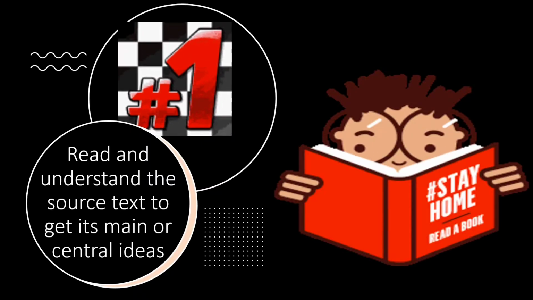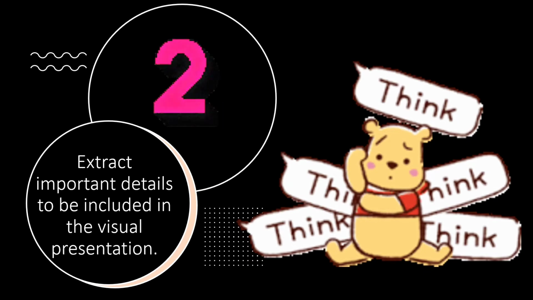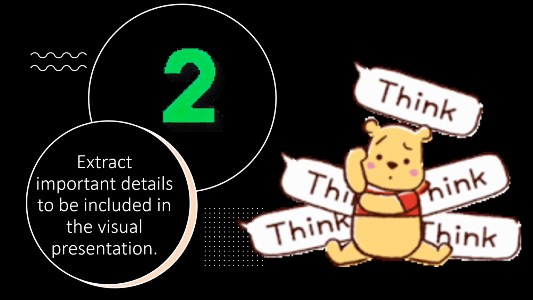To transcode a linear text to a nonlinear text, one may follow these steps. Step 1. Read and understand the source text to get its main central ideas. Step 2. Extract important details to be included in the visual presentation.